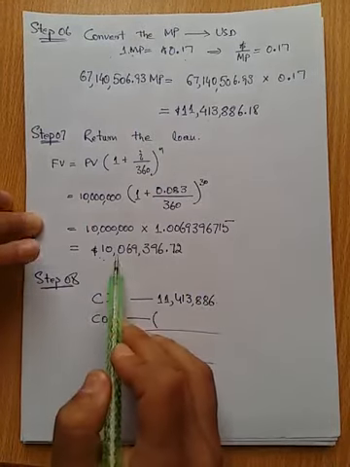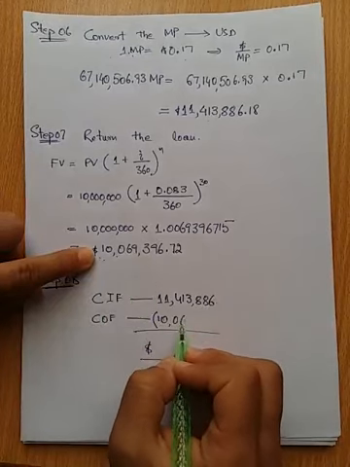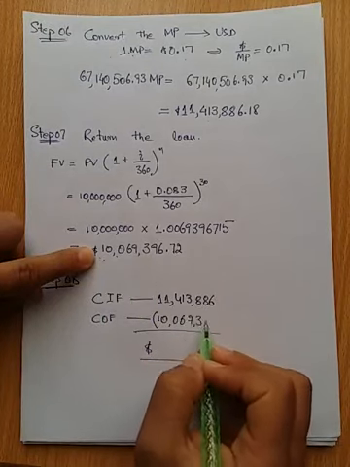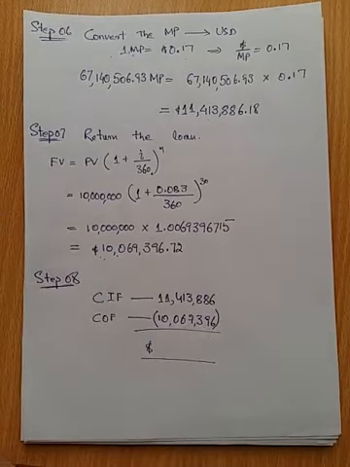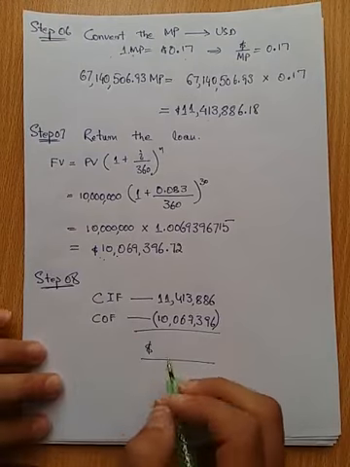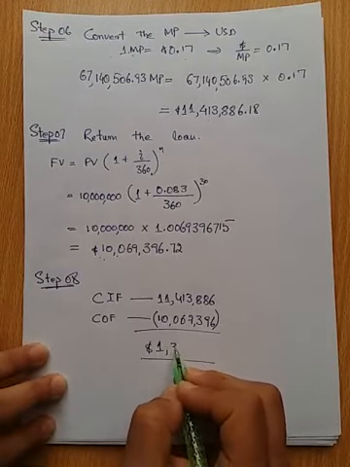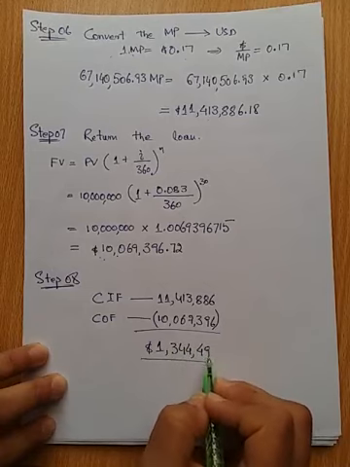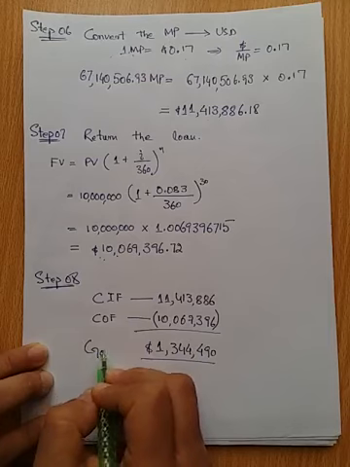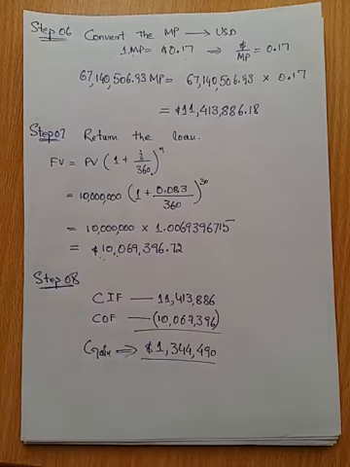And how much money I paid to the bank? I paid to the bank 10,069,396. Both of the values are actually rounded values, okay? So once I subtract it, I will get a difference of 1,344,490 dollars, which is a gain I will receive because of the interest and conversions and all these collectively.